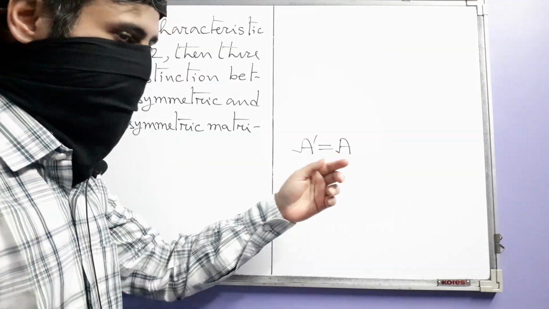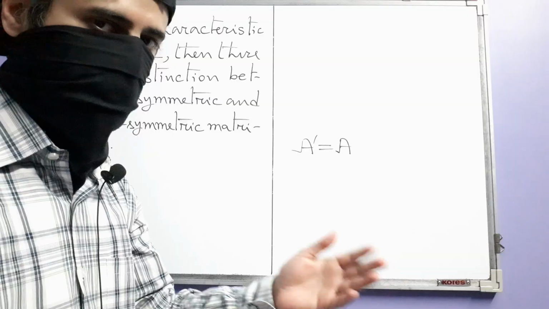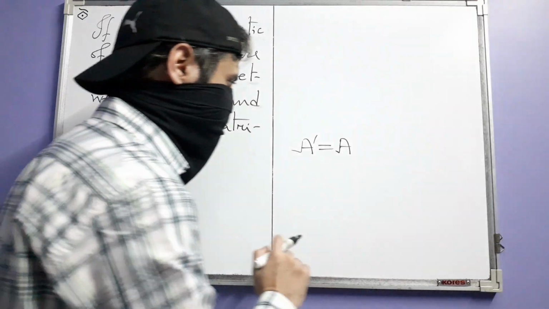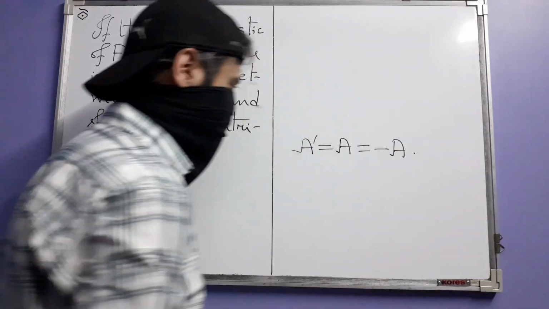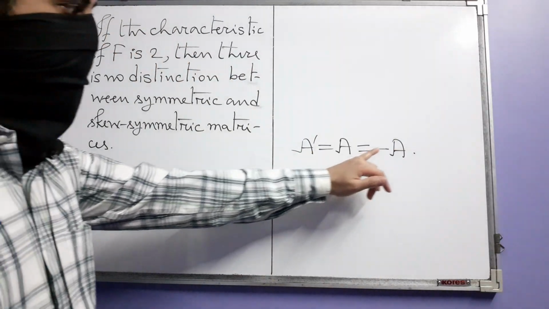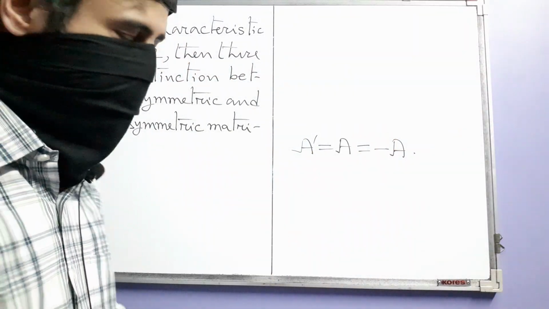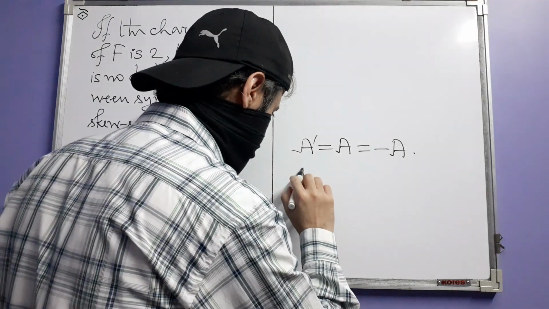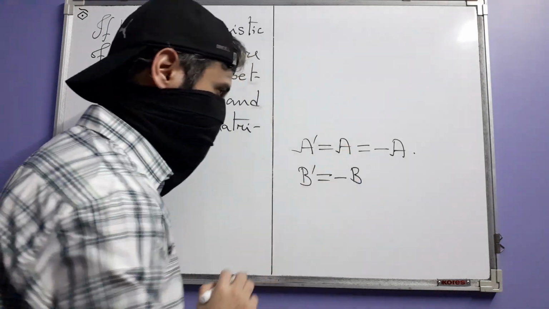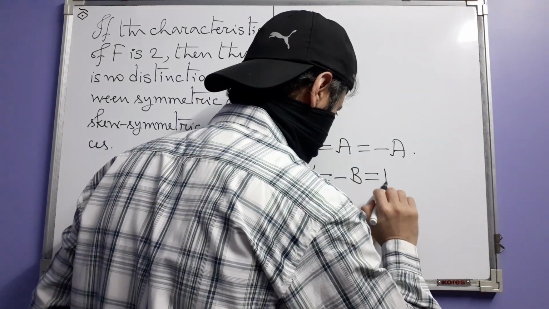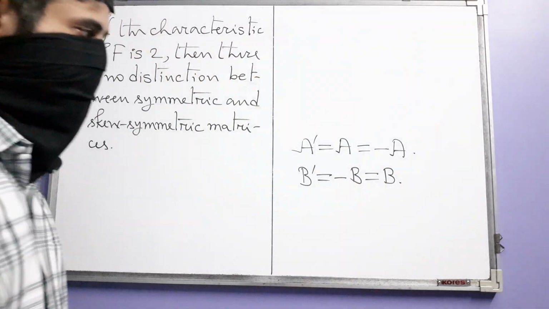And that translates, entry-wise in the matrix, into this. So a symmetric matrix is also skew symmetric. Similarly, if a matrix B is skew symmetric, then its transpose is -B by definition, but that is equal to B. So it is symmetric as well.